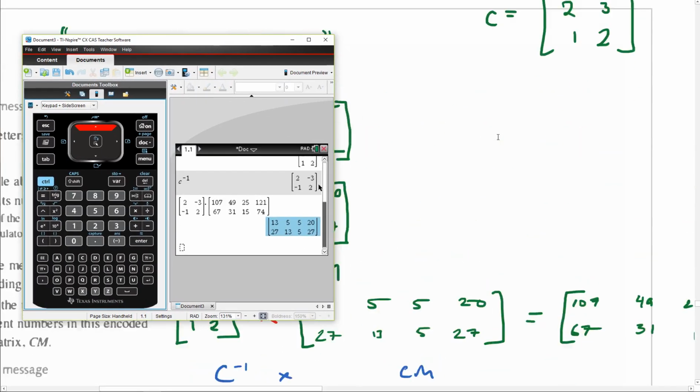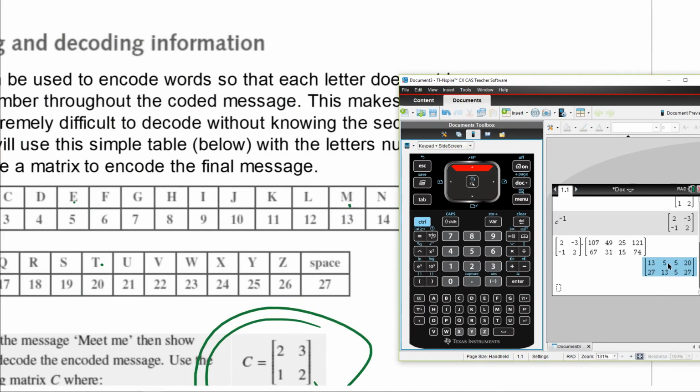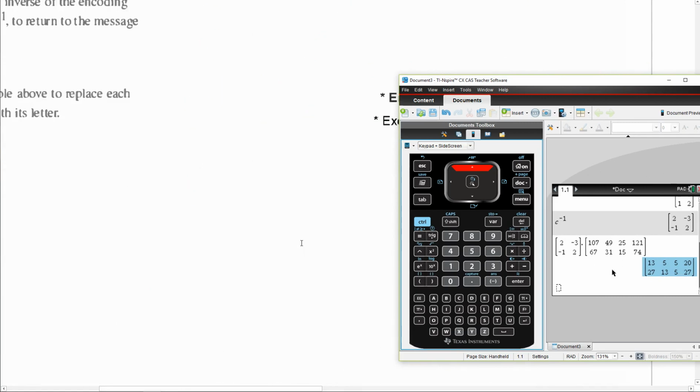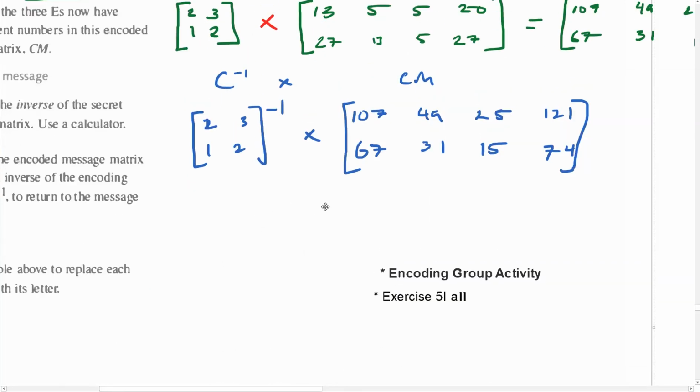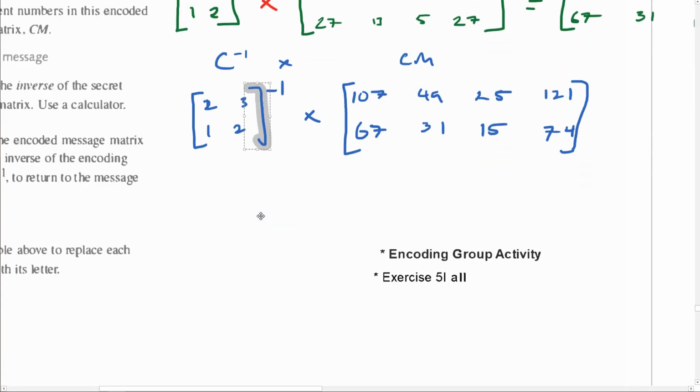And then from there, once you get back to that point, it's just a matter of matching these numbers with these letters to decode the message. So we get back to 13, 5, 5, 20, 27, 13, 5, 27.